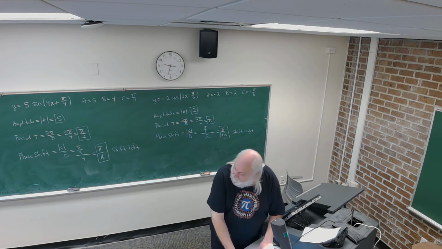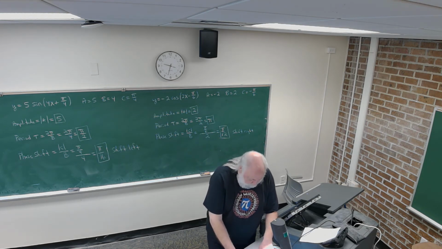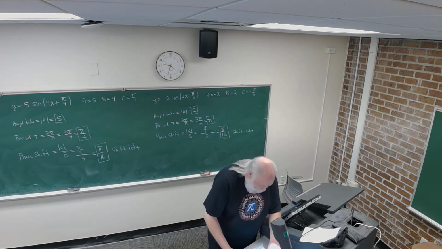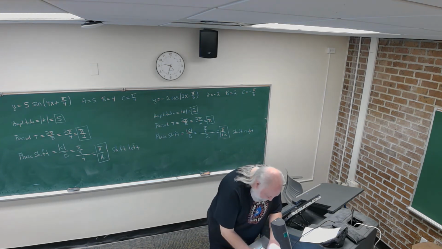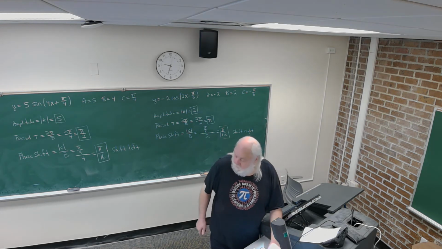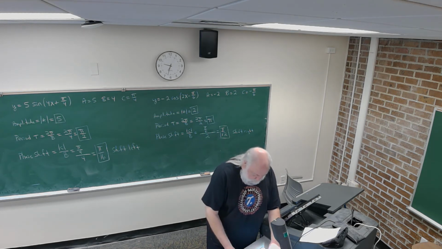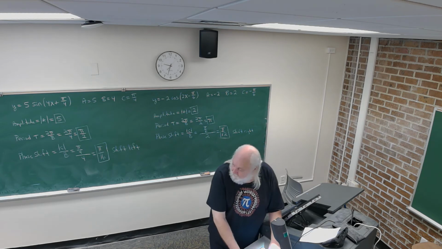Where does the maximum occur? At this point right here, which has an x-coordinate of 3 pi over 8 and a y-coordinate of plus 3. Where does the minimum occur?